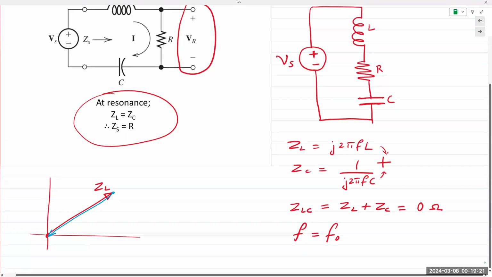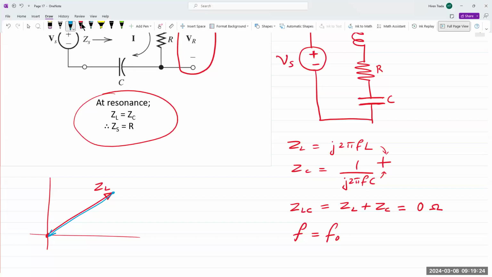ZL plus ZC is exactly equal to 0. The magnitudes are the same, but the phase angles being 180 degrees out of phase would make them polar opposites, so to speak. And at that particular frequency, the impedances cancel each other out. The effective impedance of both in series would be equal to 0.